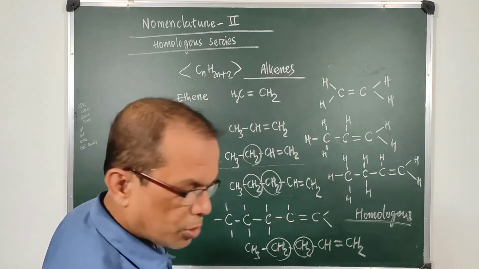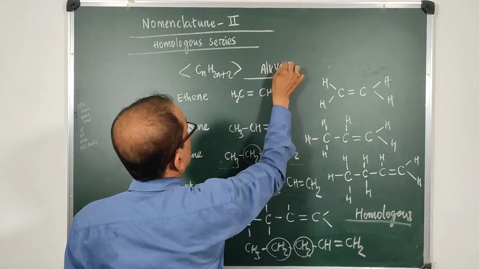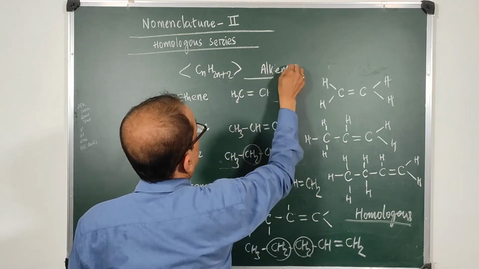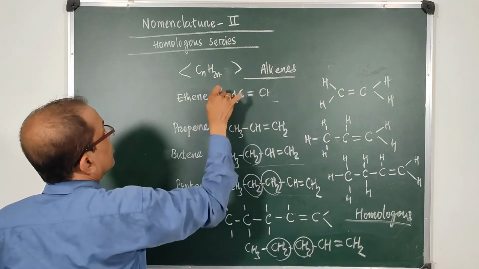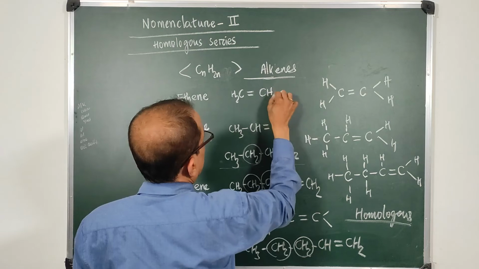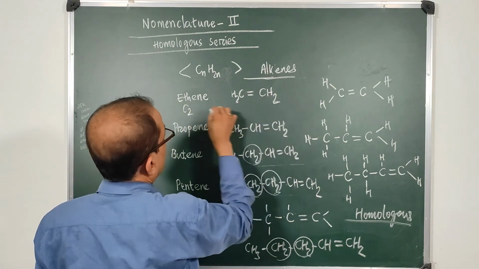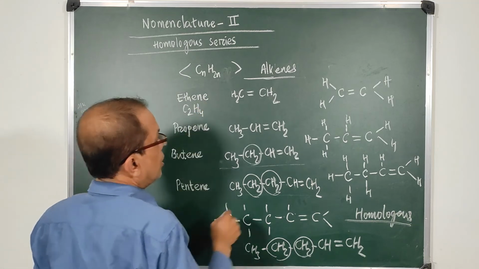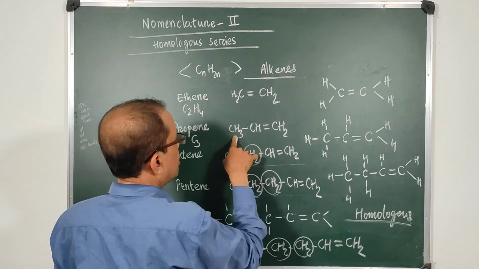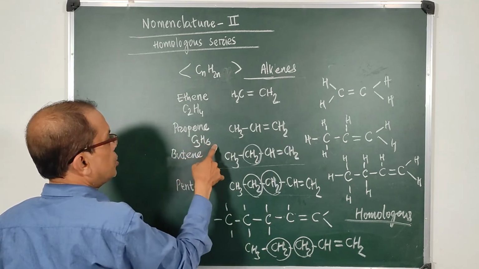Next, let us go for homologous in alkynes. But in alkenes, one more thing I left: the general formula will be CnH2n. Let us check this. We have C2 here and there are 4 hydrogen atoms, so C2H4. In this there are 3 carbon atoms, C3, and there are 3 plus 1 plus 2, 6 hydrogen atoms, so C3H6, CnH2n.